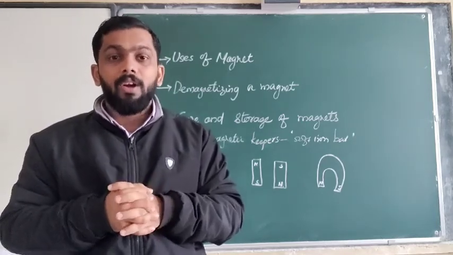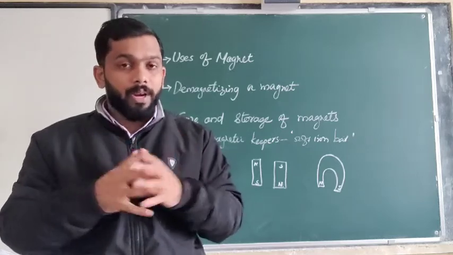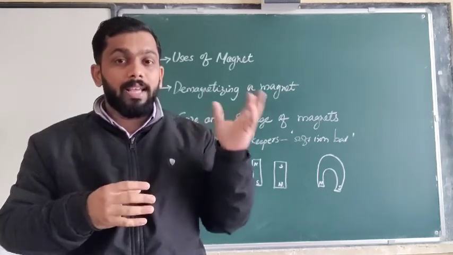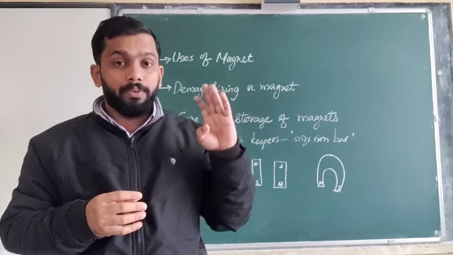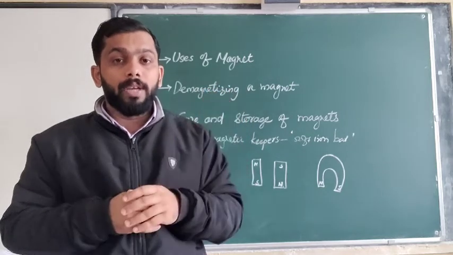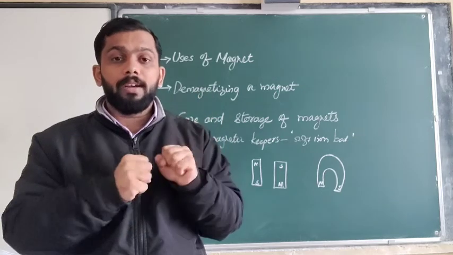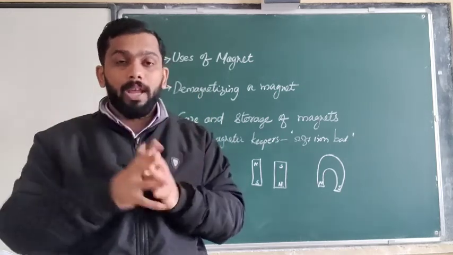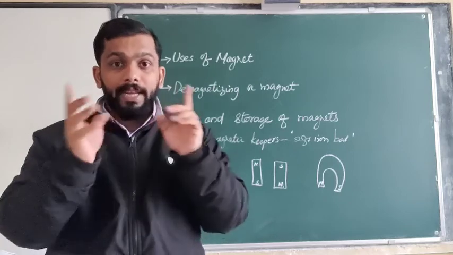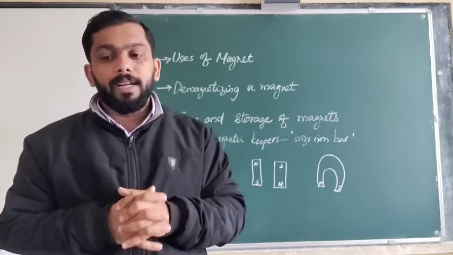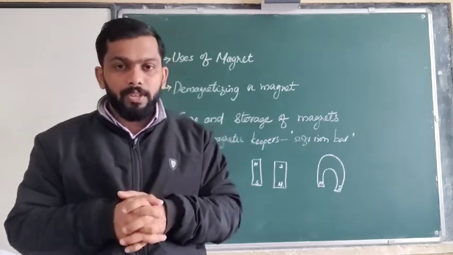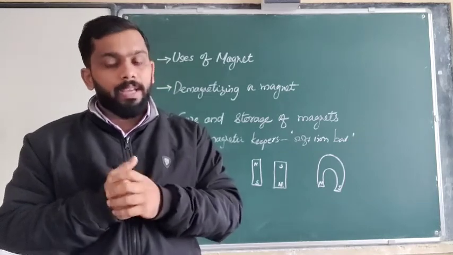Nowadays we are using LCD TV and LED TV, but earlier we had the old model of TV. You can see picture 2, this is a magnet. Using this magnet, it is able to emit electrons, and we get the screen there. So magnets are used in computers, televisions, speakers, and microphones.